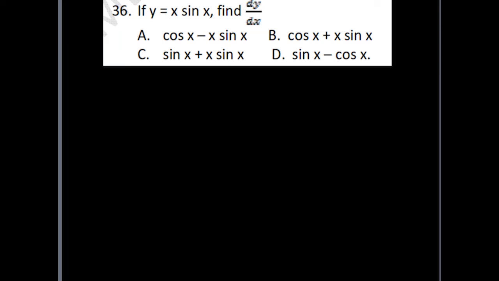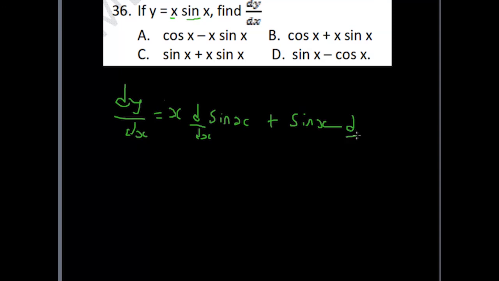And x sine x, find dy dx. So x is multiplying sine x, so we will be using the product rule here. So dy dx will be: take the first one, that's x, differentiate the other, plus take the other and differentiate the first.